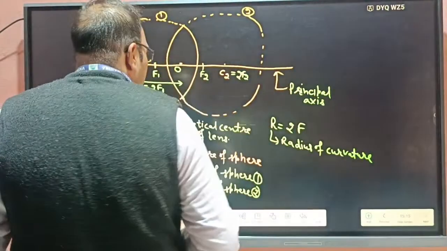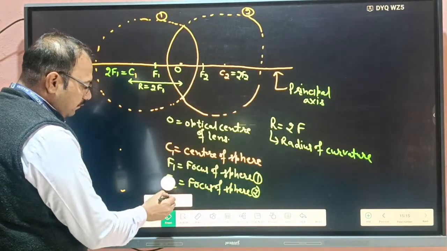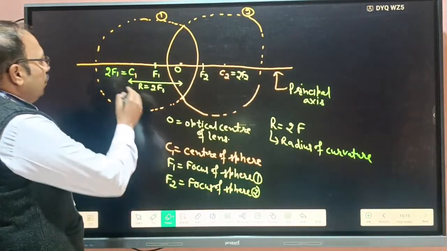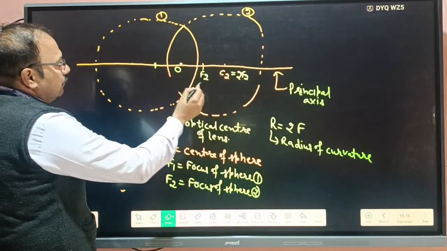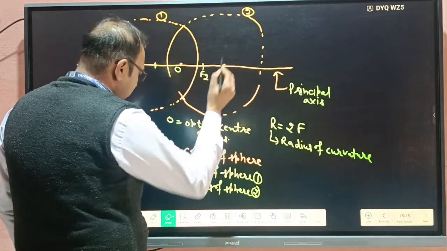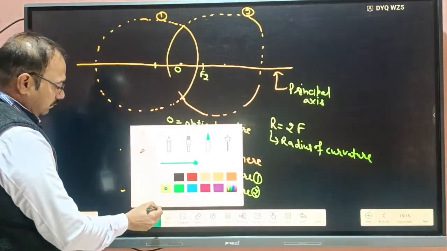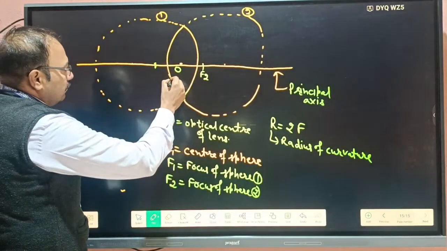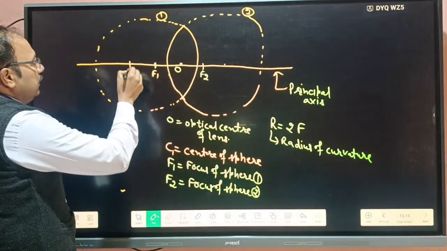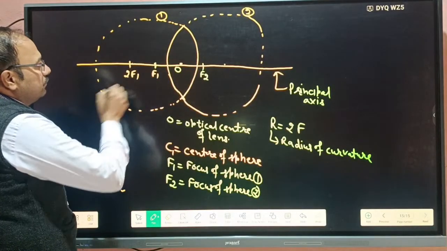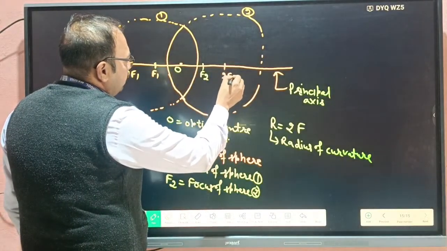So we can replace all of them: this is F1, this is 2F1, this is F2, and this is 2F2.